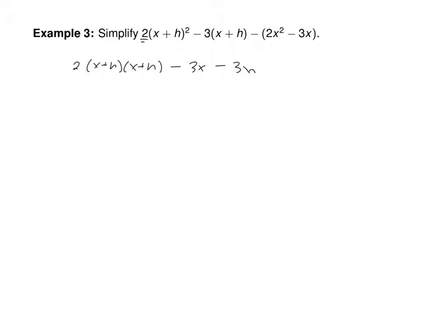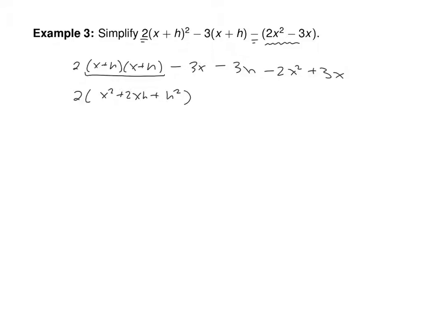What happens when this negative distributes into that set of parentheses? Negative 2x squared plus 3x. Spectacular. It is pretty useful to know what x plus h squared is really quickly. What is it? Great.